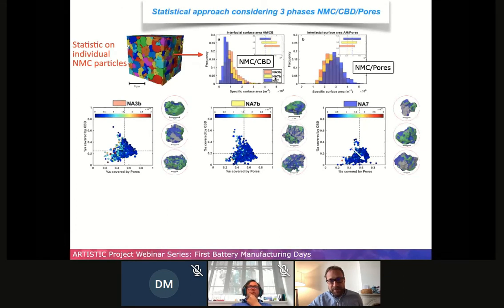And we see that for the specific sample, Na7, we have less contact between CBD and NMC and more contact between pores and NMC. This is what we see here when we correlate NMC coverage with pore coverage. So we see the same trend.